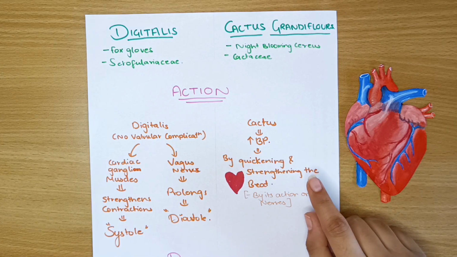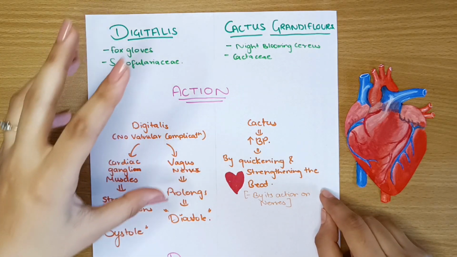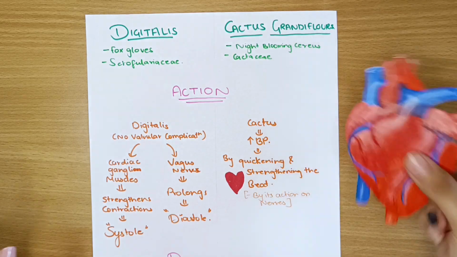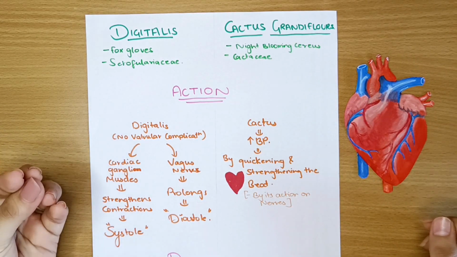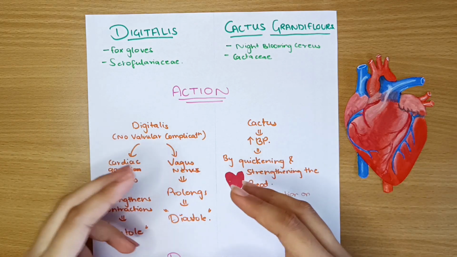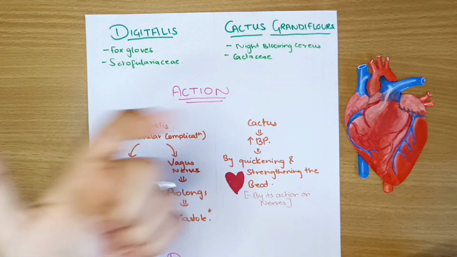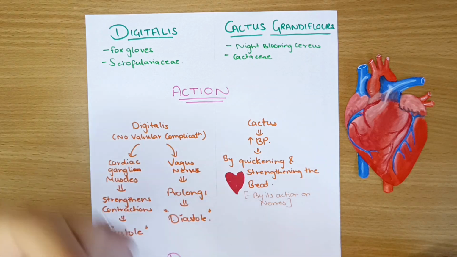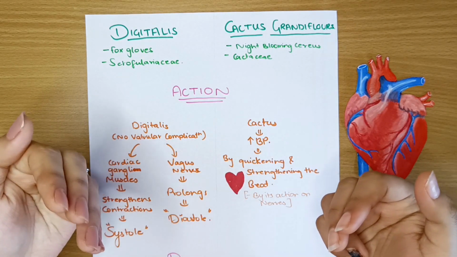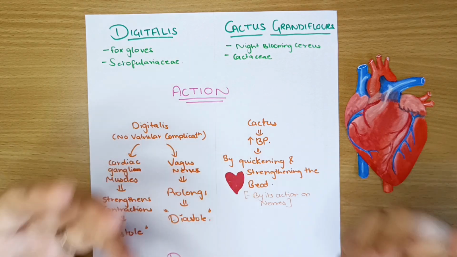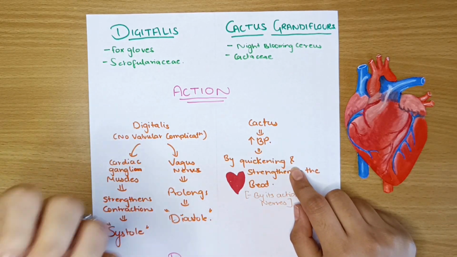The first thing that we're going to talk about in this differentiation is the action. Both of them act on the heart but differently, because digitalis will act on the centers of the heart. It will act on the systole and the diastole. It is going to prolong the diastole and strengthen the systole. It will act on the vagal nerve by prolonging the diastole.